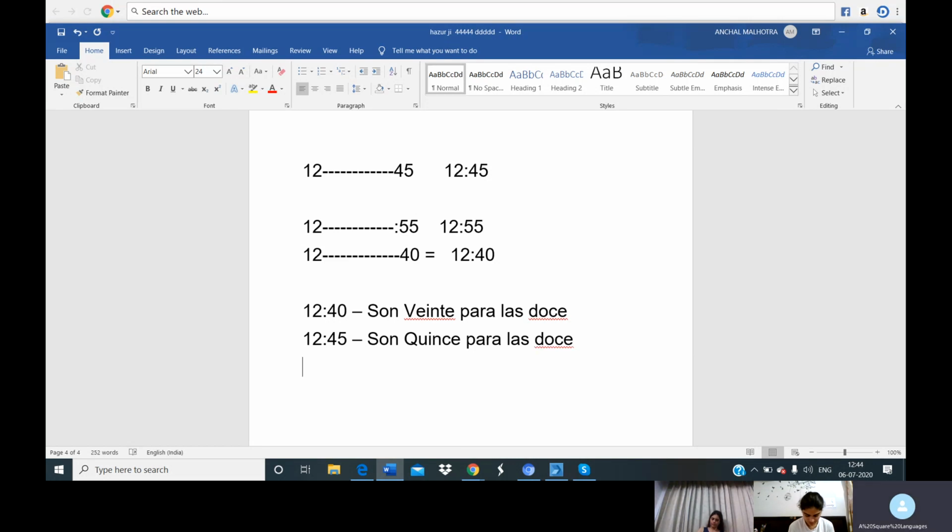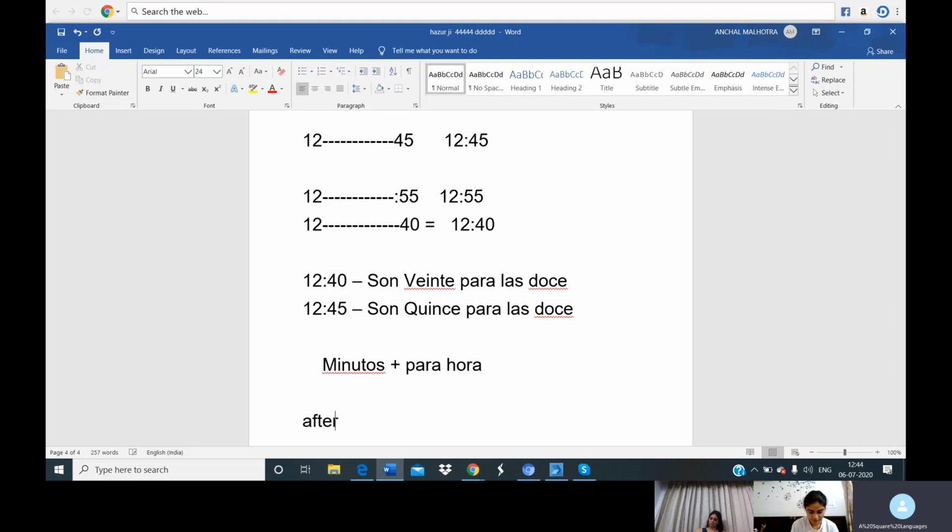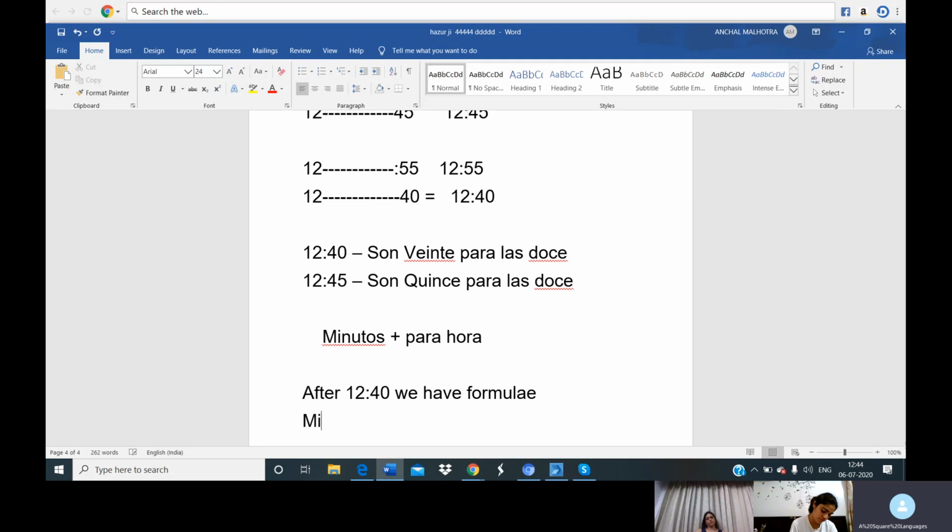So basically this pattern, after 12:40, we have minutos para, that is the formula. We are left with 20 minutes, then minutos, para, we have a rule para, and then we have a hora, hours. So after 12:40 we have a formula: minutos plus para plus hora.